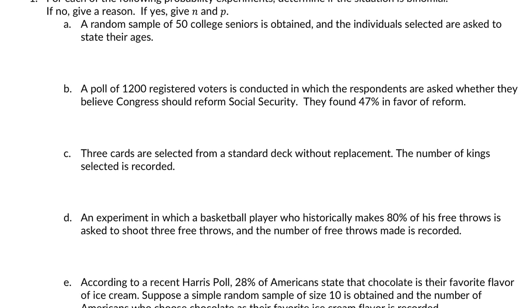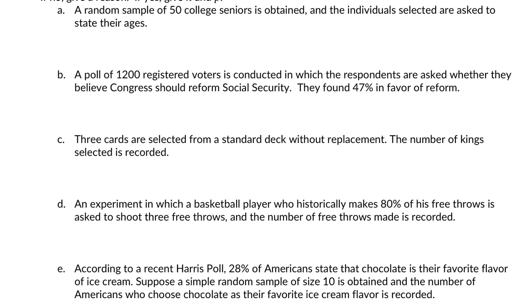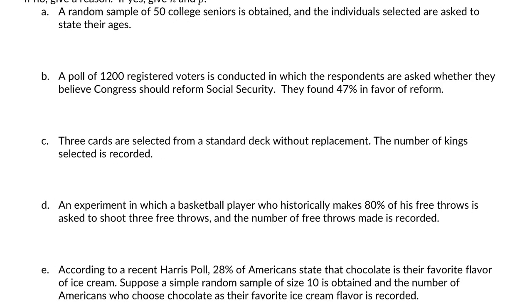So question 1A, it says a random sample of 50 college seniors is obtained, and the individuals selected are asked to state their ages. Okay, first question, is there a set number of trials? Okay, that's good. Are the trials independent?